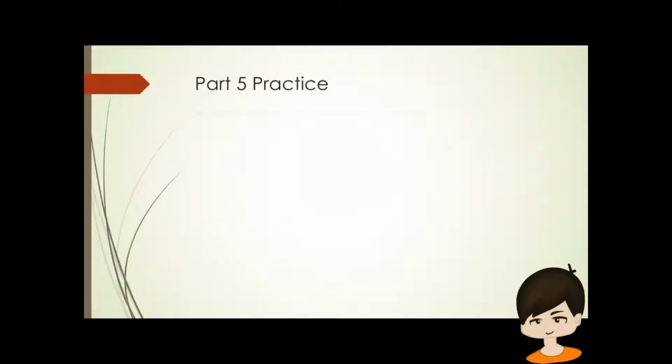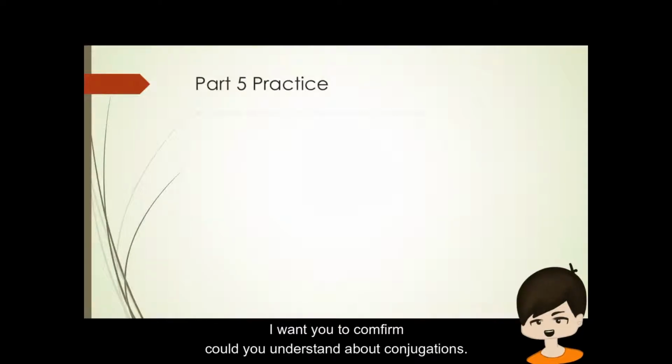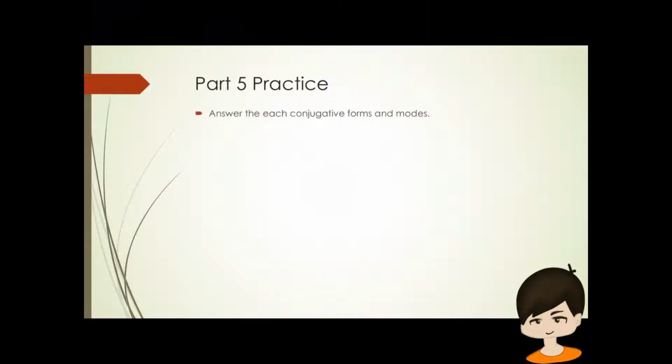Now practice part. I want you to confirm whether you understand conjugations. Answer each conjugative part and mode. Number 1. 私は走らない. It means I don't run. Number 2. 私は勉強した.